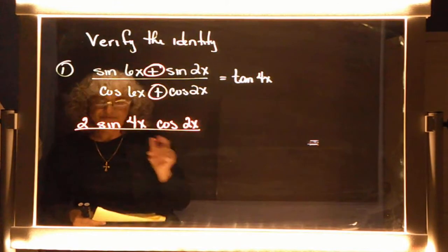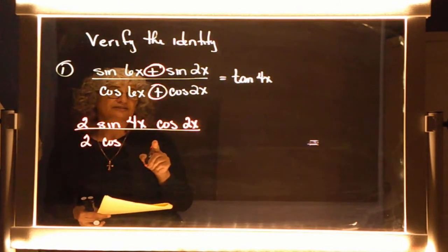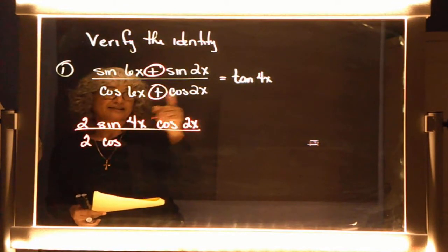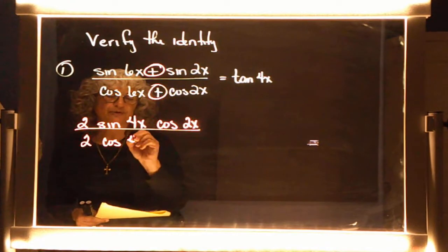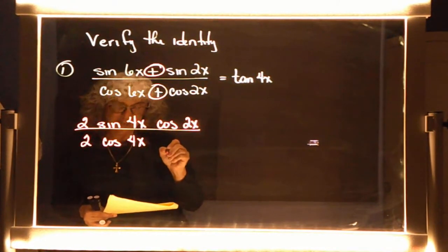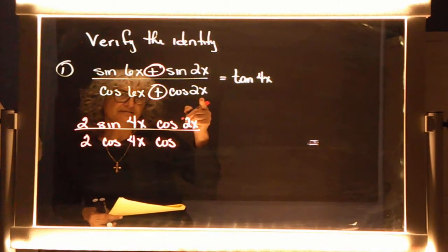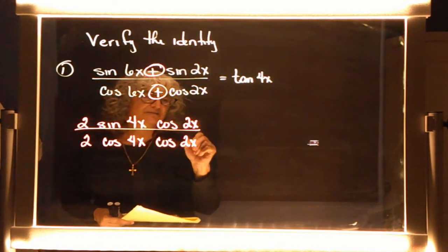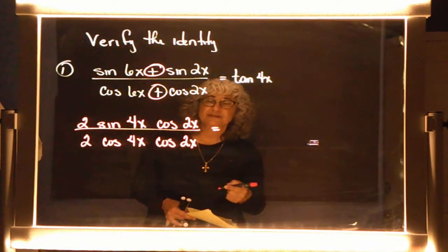The denominator, the formula I found was cosine of, so I'm going to take 6x plus 2x, 8x, divided by 2 is 4x, and then I'm going to take the cosine of 6x minus 2x, 4x, divided by 2, 2x, equals that side.